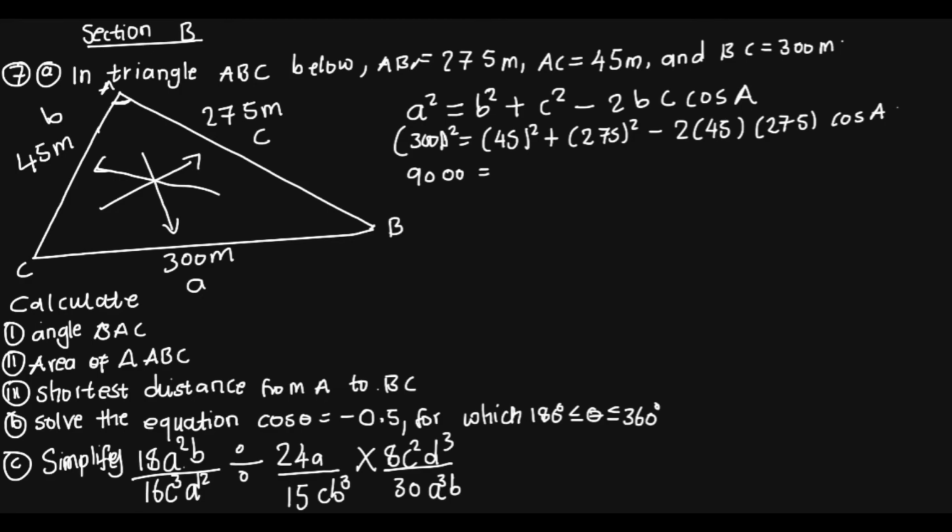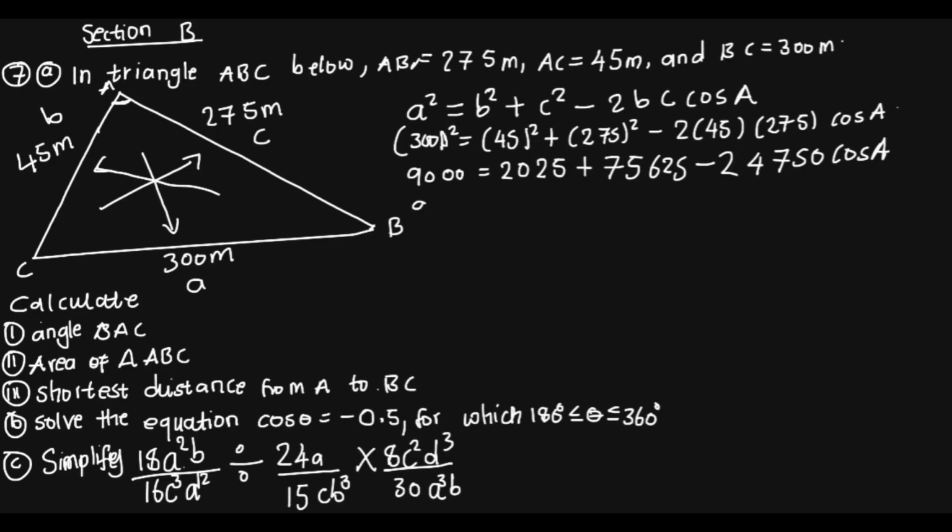Then 45 squared is 2,025, plus 275 squared, which is 75,625, minus 2 times 45 times 275, which gives 24,750 cos A. So what we have just done is substitute the numbers and square.